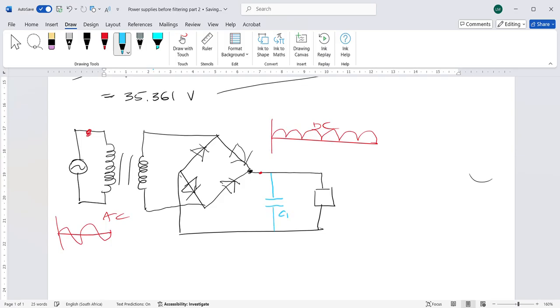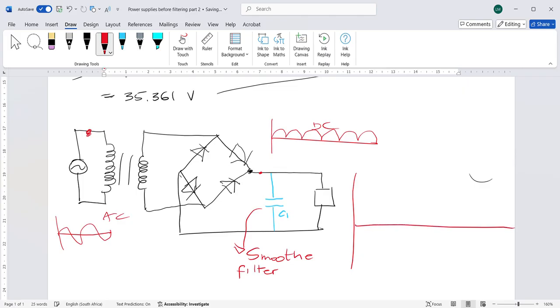Now, when you bring in a capacitor like this, we call this C1. C1 has a function. The function of C1 is to smooth, or to filter. So what do we mean by filter? Let me draw it bigger. Pardon me for my diagram.